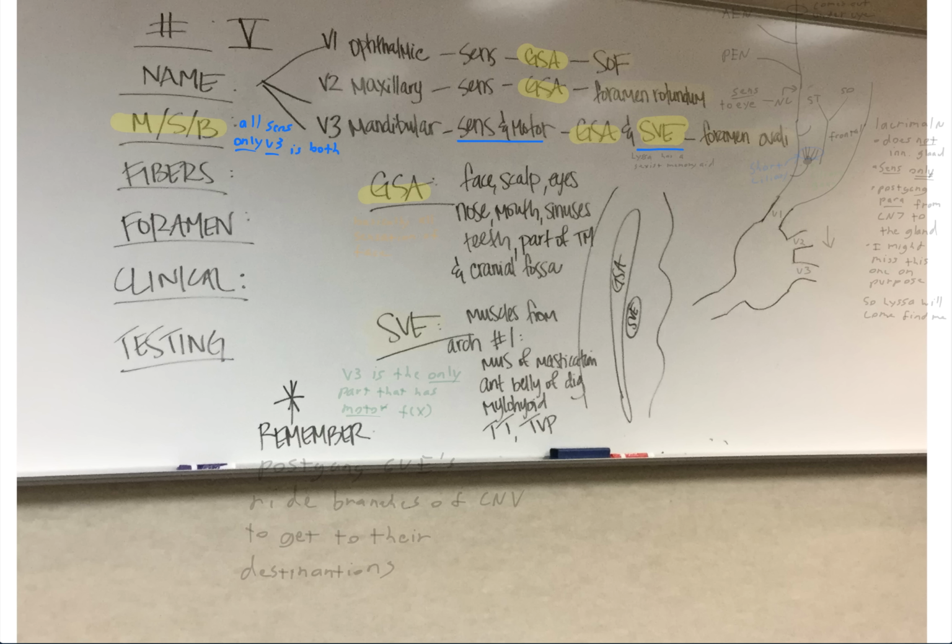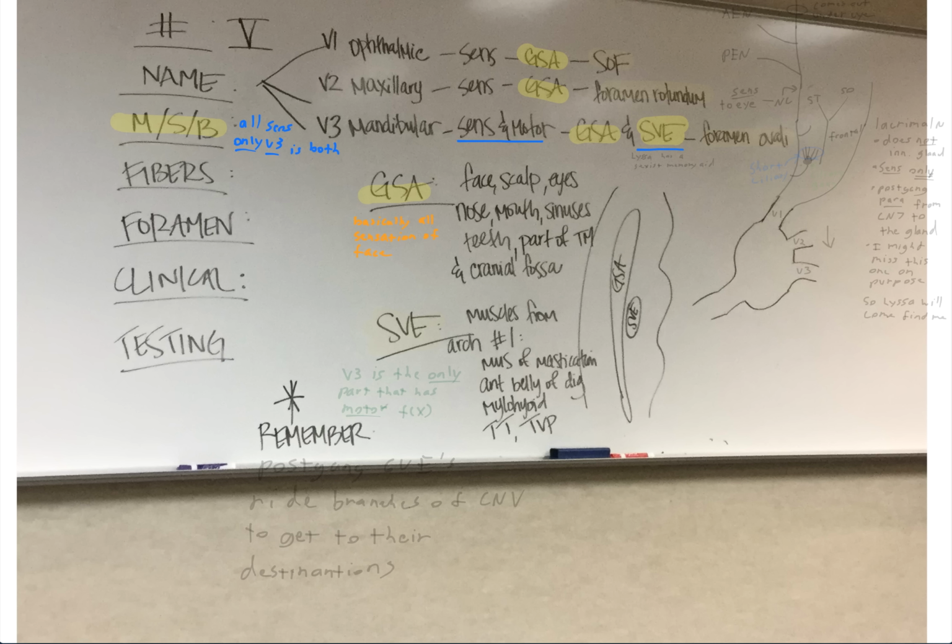Let me point out a reason why that is really important. Let's say you knock out your entire cranial nerve 3, the oculomotor nerve, and your eye is just sitting there. It can't do anything except look down and out, right? Because you've got lateral rectus and superior oblique.